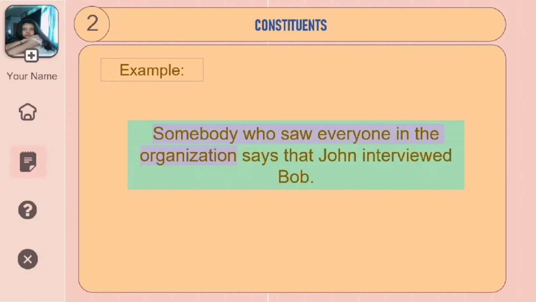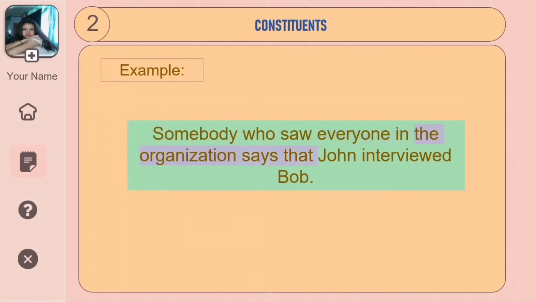If I take out "that John interviewed Bob," it is semantically independent, and that makes sense because it is a constituent. You can also say "John interviewed Bob." That's another sentence within this bigger sentence, so "John interviewed Bob" is again another constituent. "Everyone in the organization" is also a constituent.